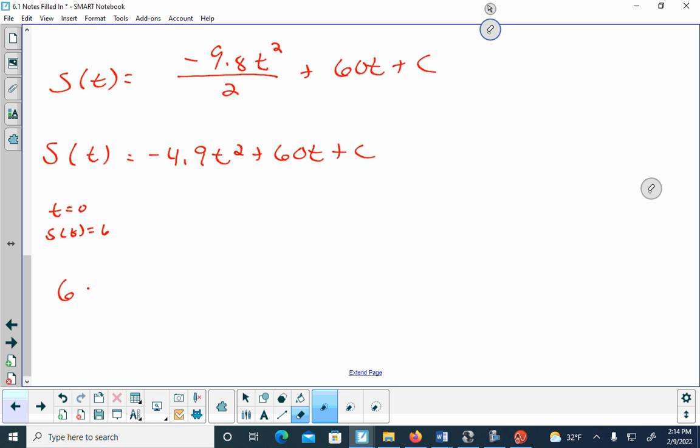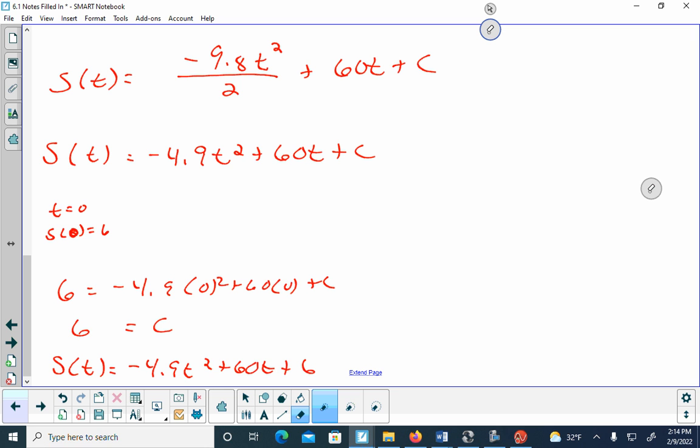Everyone realizes that if I'm putting in 0, the constant is going to be that number, right? So my position function is going to be negative 4.9t squared plus 60t plus 6.